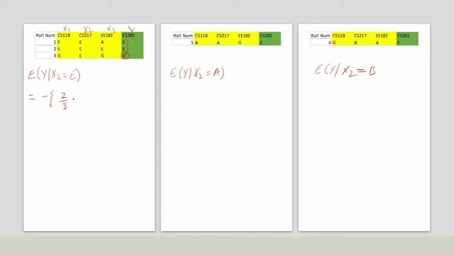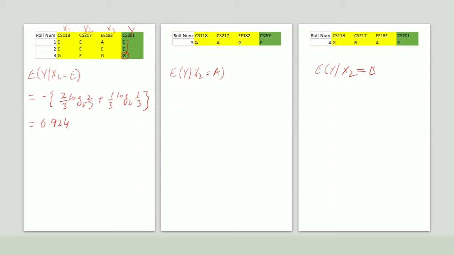It's 2 out of 3 multiplied by log base 2 of 2 out of 3, plus 1 out of 3, that is G, 1 out of 3 into log base 2 of 1 out of 3. So I would negate the entire expression, and the answer is 0.924. So that's the conditional entropy where X2 is equal to E.